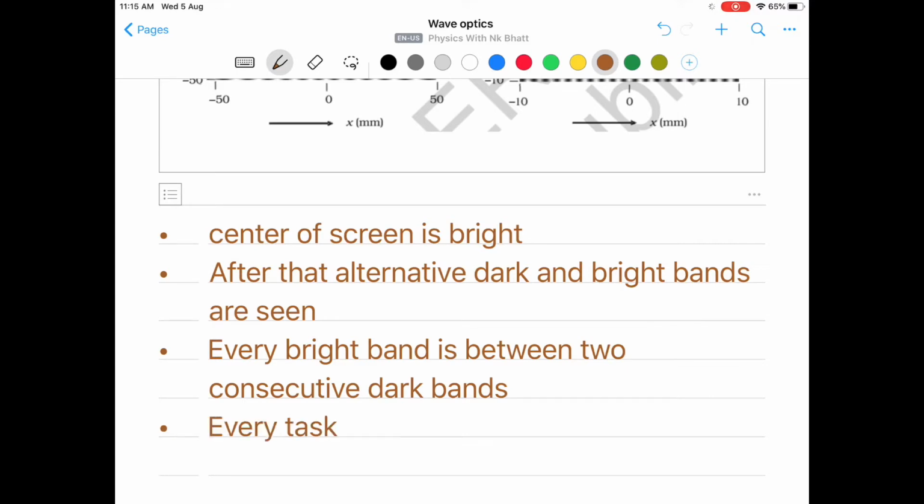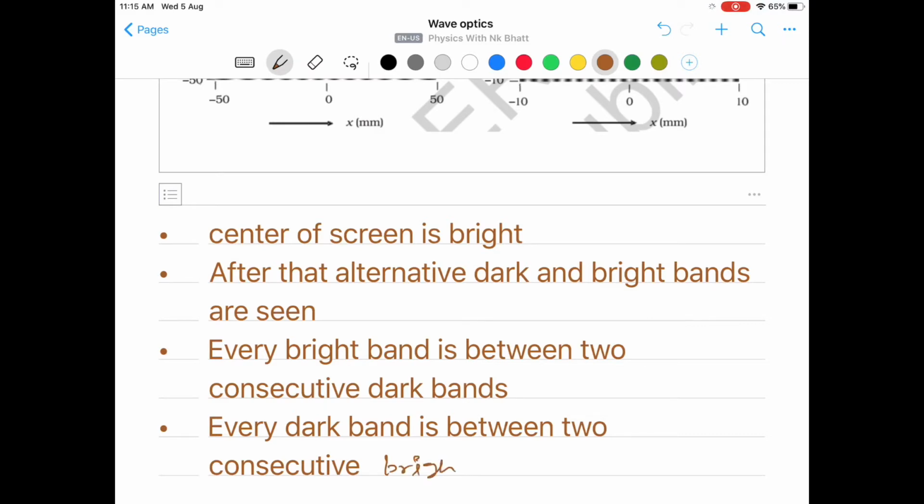Every dark band is between two consecutive bright bands.